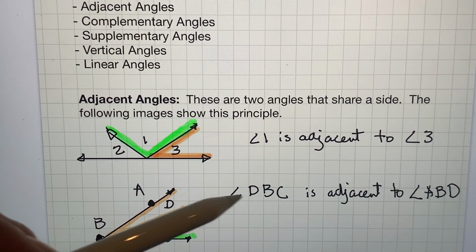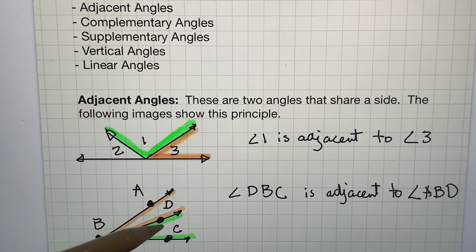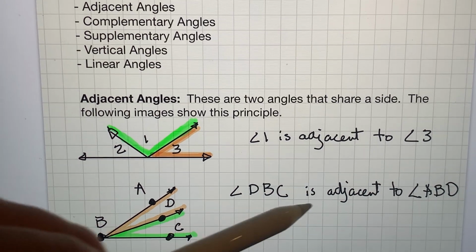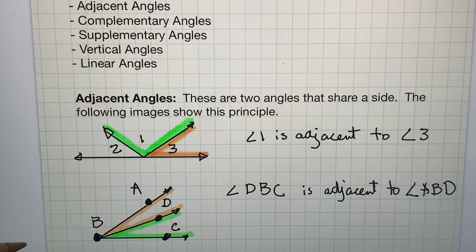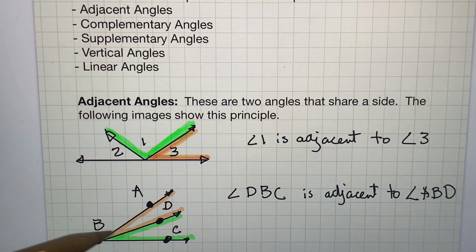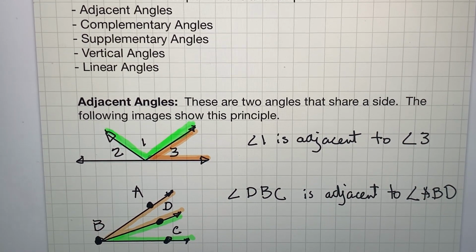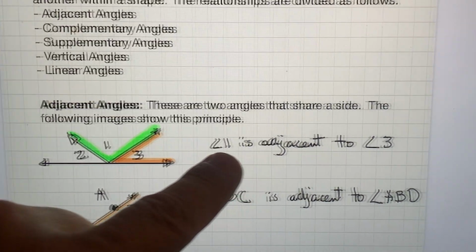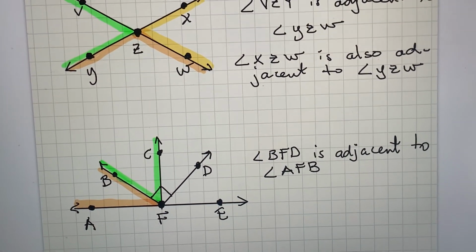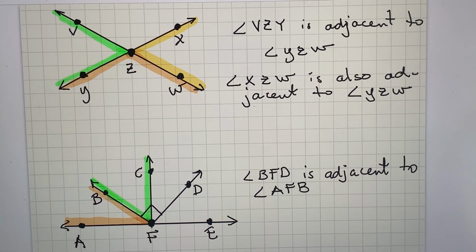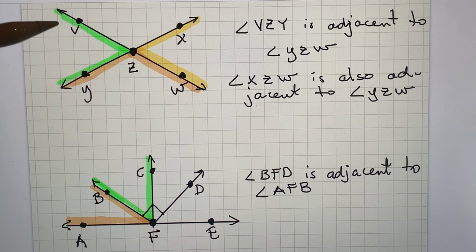Then we also have a different representation. Angle DBC is adjacent to angle ABD. As you can see, these two angles also are adjacent. Continuing with the examples, we can address a different shape.